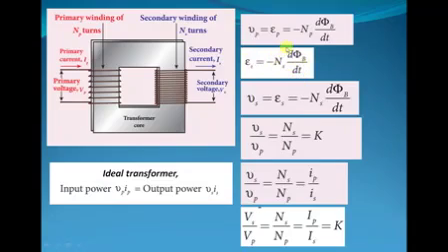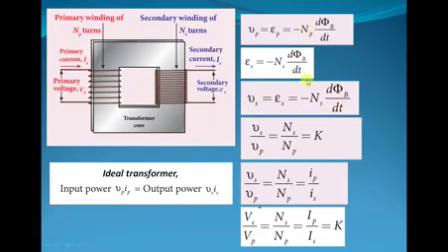We already know that Np is the number of turns in the primary coil and Ns is the number of turns in the secondary coil. The voltage across the secondary circuit is Vs, that is, Vs is equal to epsilon S, which is equal to minus Ns d phi B divided by dt.